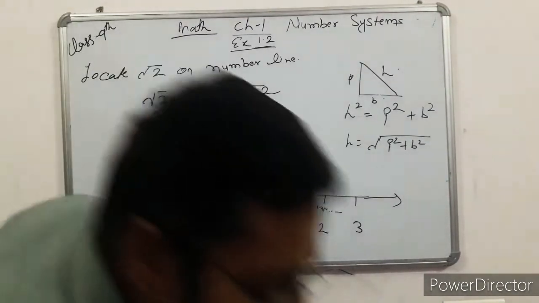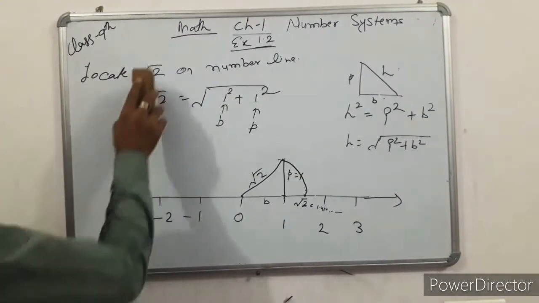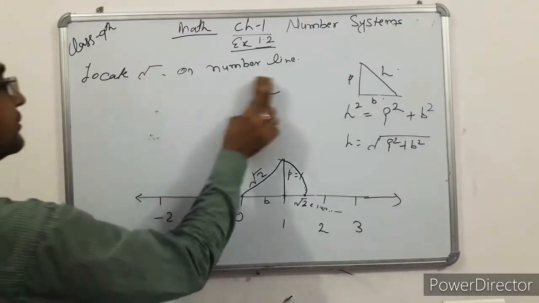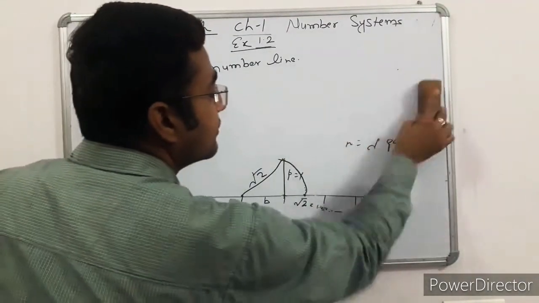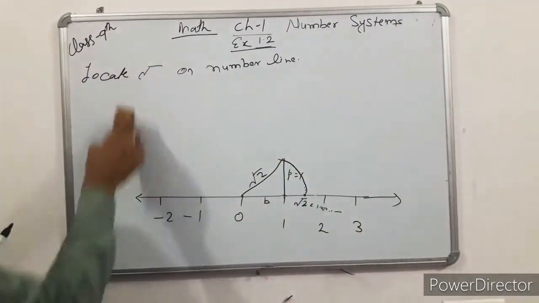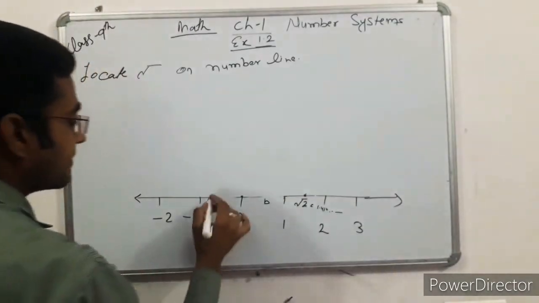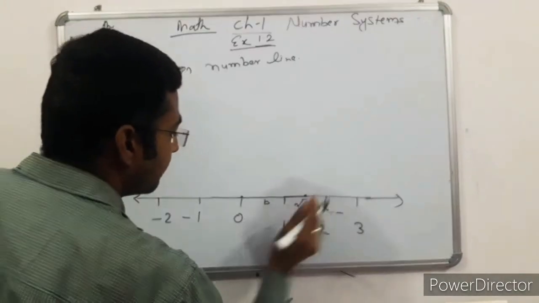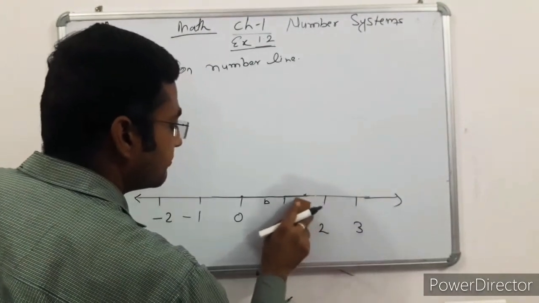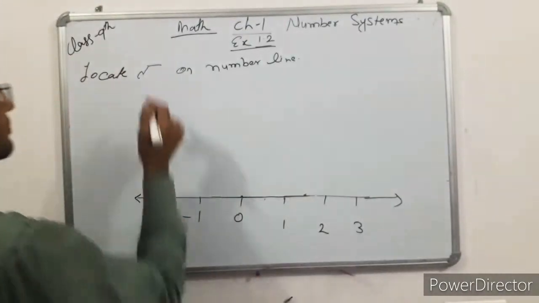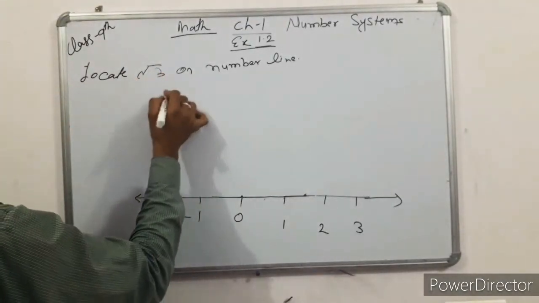Now we will take another example. Now we will locate root 3 on the number line. How can we represent it?